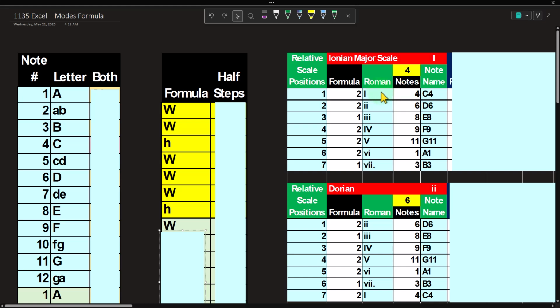We said that the Roman numerals can help us see whether we build a major chord or a minor chord on it. Notice how useful that is, because now I can see that on the 1, 4, 5, I build a major triad, which we'll talk about later, and on the 2, 3, 6, I build a minor triad, and then this one is the diminished. That's why it has a little dot.